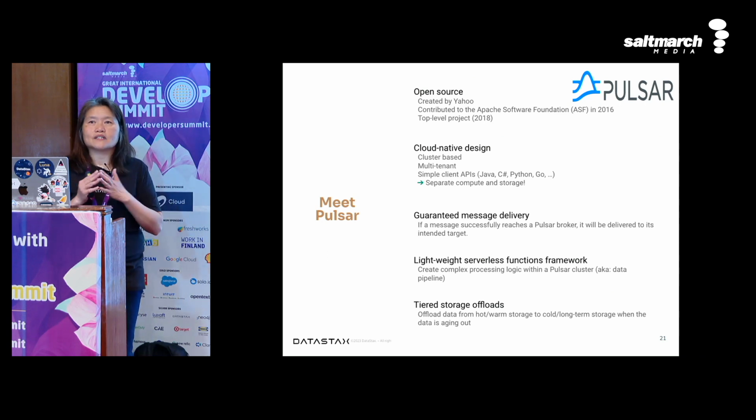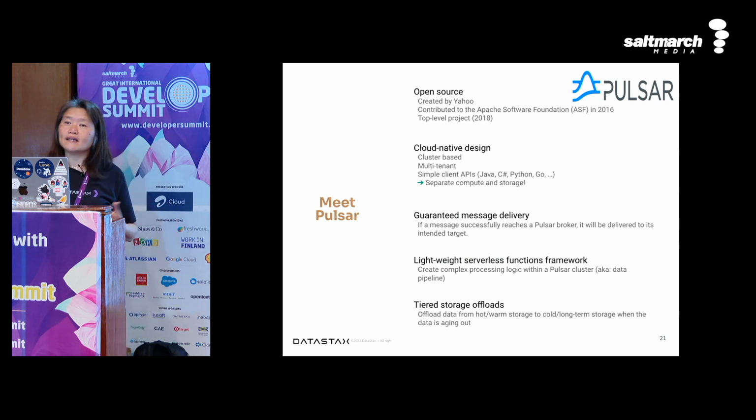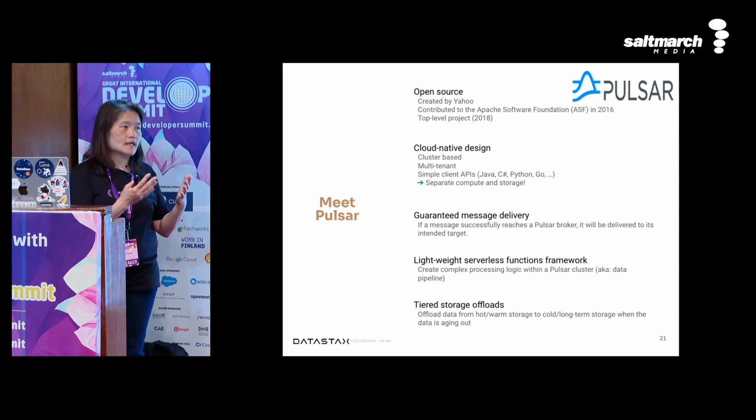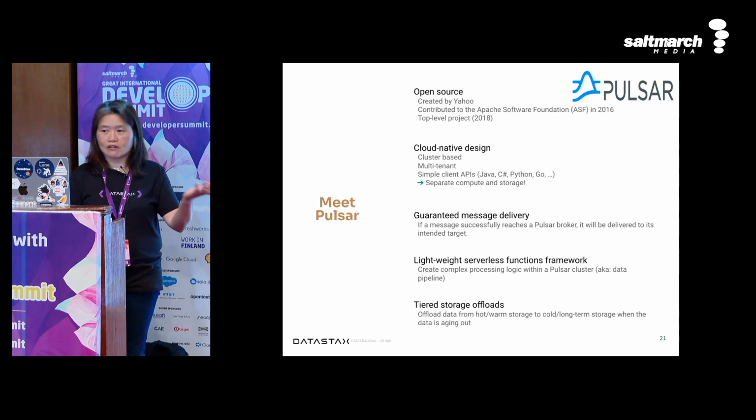All of this is not restricted to only Java. The broker itself is a serverless Java JVM process, but to write clients, you can do it not just in Java, you can do C#, Python, Go, and any other community contributed client APIs, which include Scala or Ruby, all these others too.